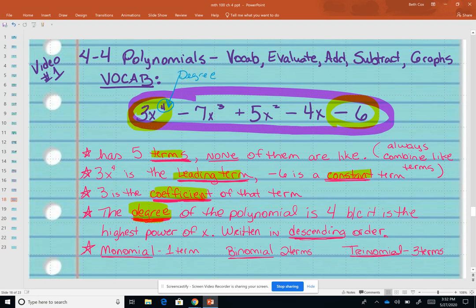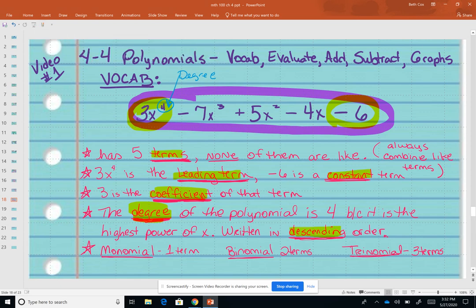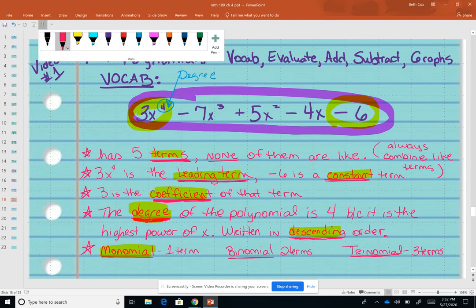Okay. And notice that this polynomial is written in what we call descending order. It's going down in the powers. The top power is at the front, and then you go down. That's descending order. Now this polynomial has 5 terms, but for the smaller ones we have other names. We use the name monomial for a polynomial with only 1 term.